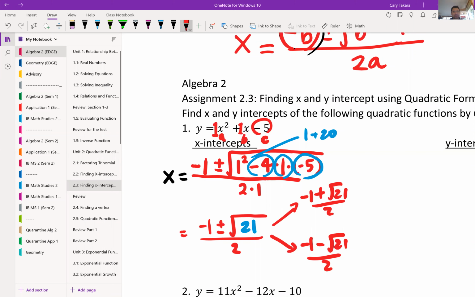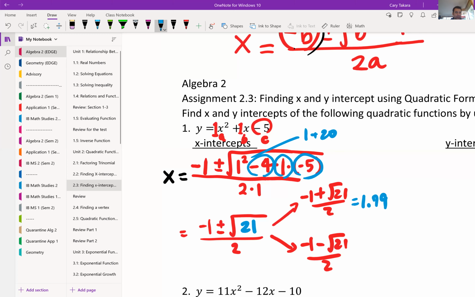And let's take our calculator to find that. Negative 1 plus square root of 21, enter, divide by 2. I get 1.79 or 1.8, whatever, 1.8 is fine.